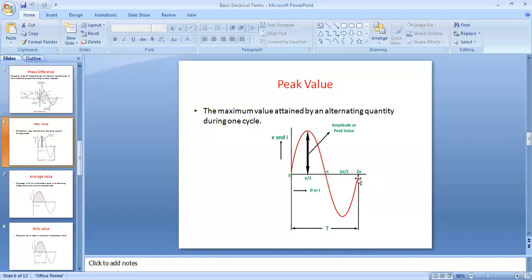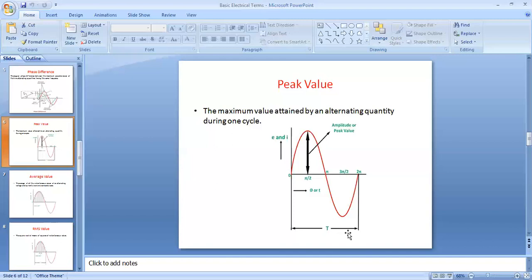Therefore, in this figure we can say that one cycle is there, one positive half cycle and one negative half cycle. Here one complete cycle is shown.